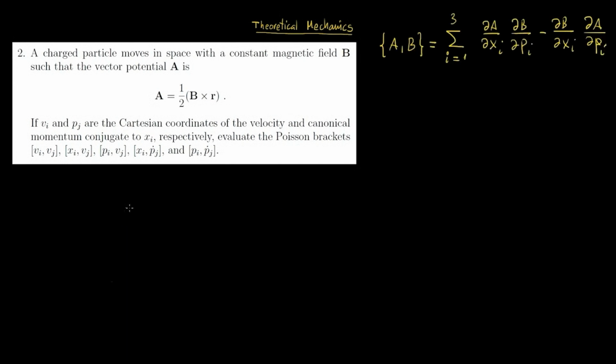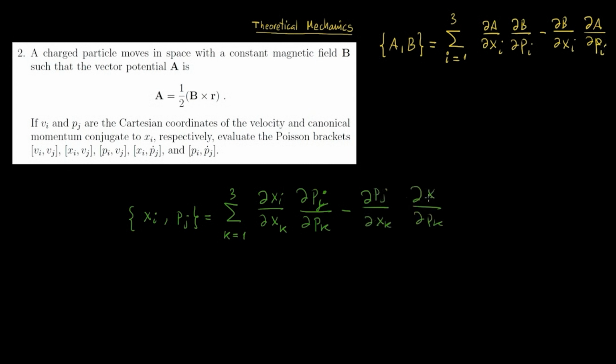Before starting, let me calculate this important Poisson bracket {x_i, p_j} because we will need it in this exercise. Let me put here k. We have partial x_i with respect to x_k, partial p_j with respect to p_k, minus the same thing but in reverse order: p_j and x_i.